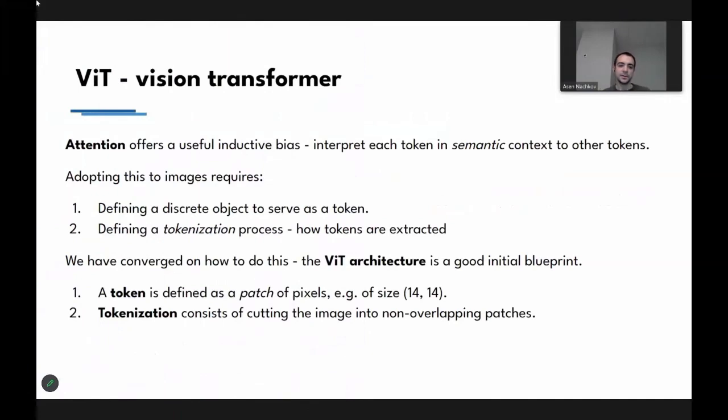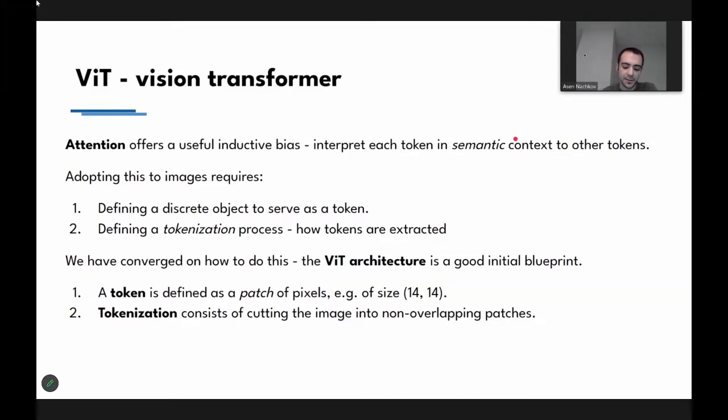So let's start with the ViT. We saw in the NLP lecture that attention is a very useful thing to have in your model because it offers an inductive bias. This inductive bias represents the idea that we should interpret tokens based on the semantic context with respect to other tokens in their neighborhood. And this turns out to be very useful.